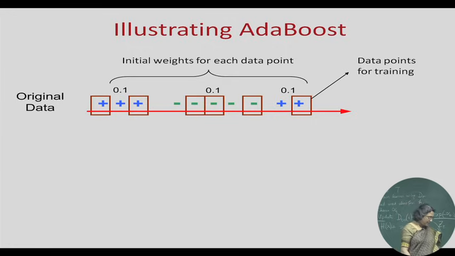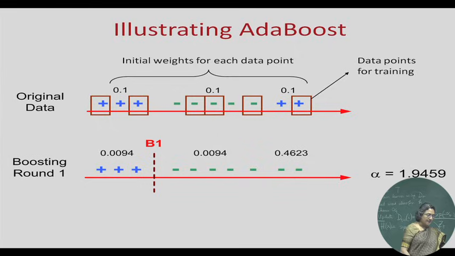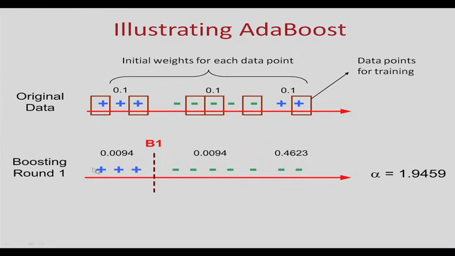Now, for boosting, you select the first set of training examples, and the ones within squares get selected. These are the data points that you use for training, and based on this you get a classifier, which, let us say, predicts these 3 as positive and these 7 as negative. These 3 are correctly labeled as positive, but these 2 are wrongly labeled as negative. Now this probability distribution is updated.